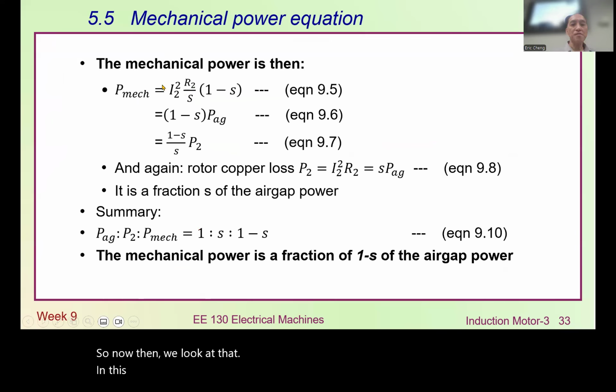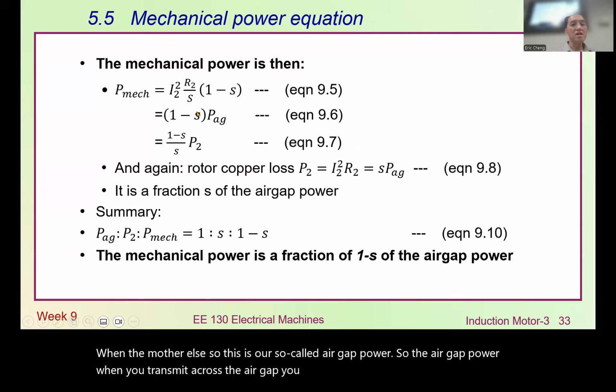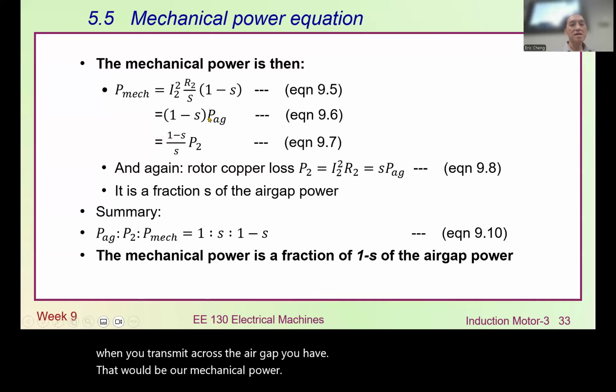This term with 1 minus S is related to our so-called air gap power. When you transmit across the air gap, we have our mechanical power. And the air gap power is actually equal to P2 over S, right?